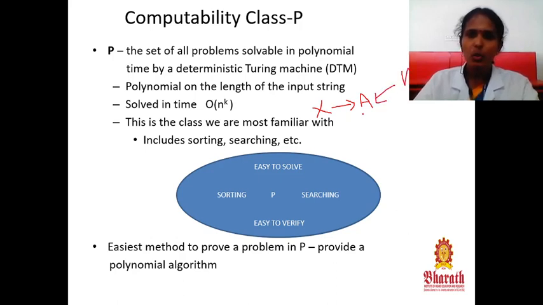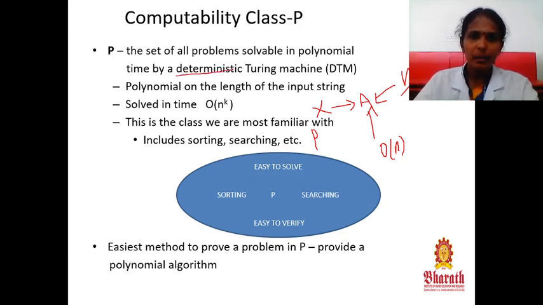Let the time complexity be big O of n, because I am searching an element among n elements. If the time complexity is order of n, that is a polynomial time problem.